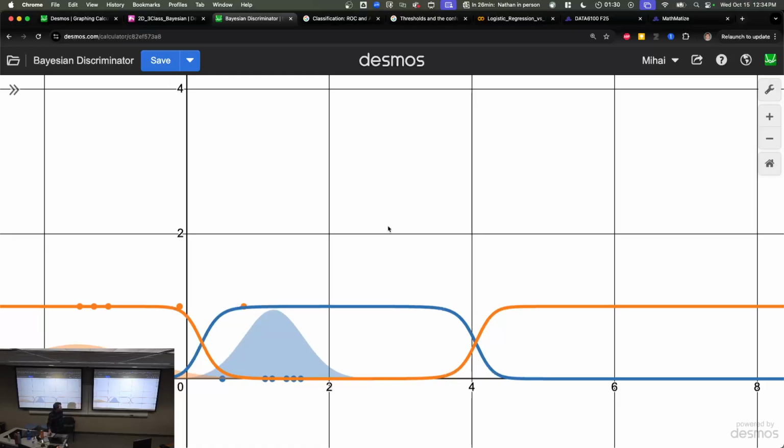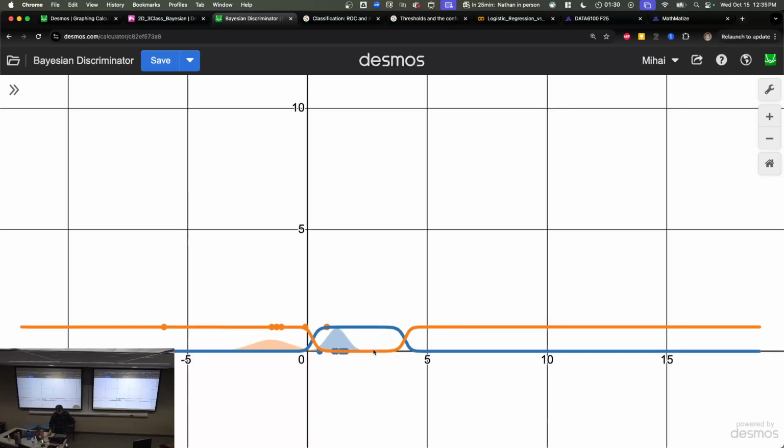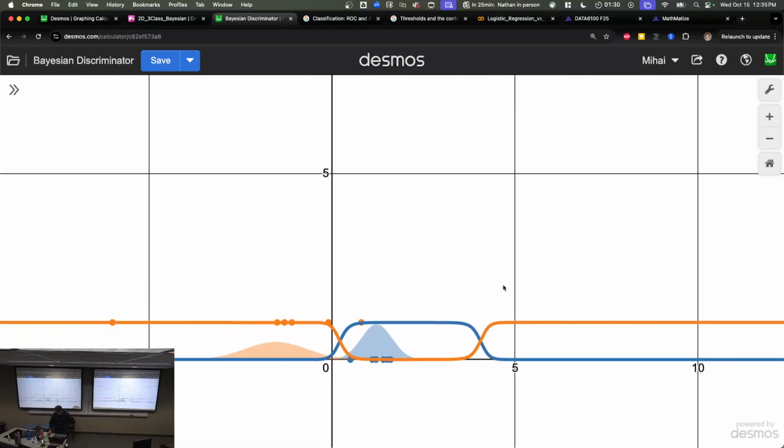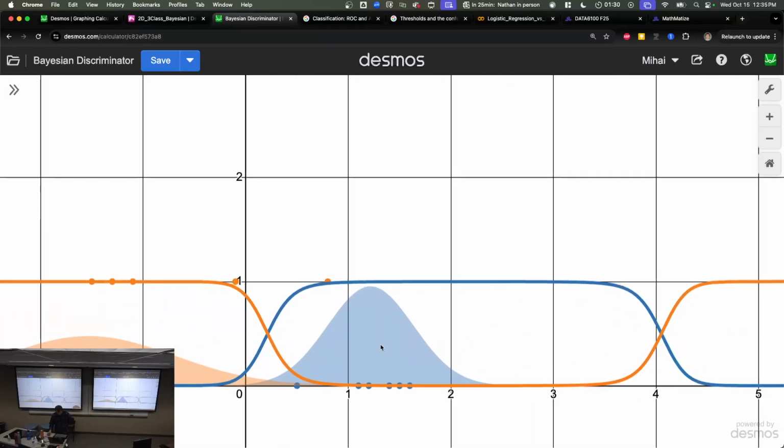If you never see any points over here, of course it doesn't matter, but this might bother you, and indeed it bothers me. So the quadratic one has this feature, quadratics go positive, negative, positive, and therefore your classifier will flip-flop multiple times, which can be quite annoying. So watch out for that if you do quadratic discriminant analysis. It will flip-flop on you because quadratics go up and down and up and down. Okay, that's something to watch out for.